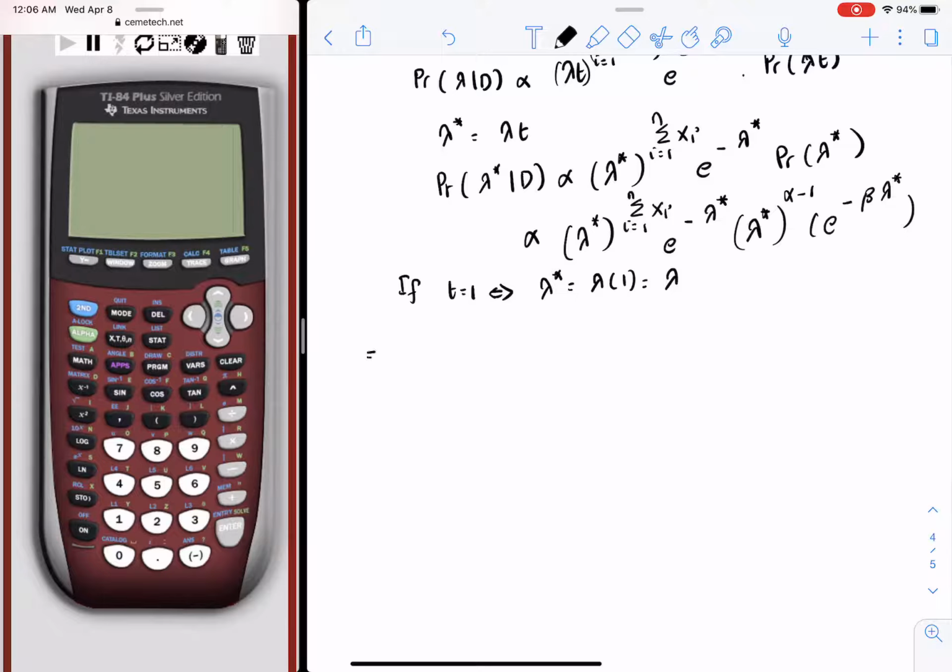So the probability of lambda star given D would be proportional to lambda star raised that term, and that term and that term are identical, so we add the powers. And that power and that power have a common base, so we add the powers.